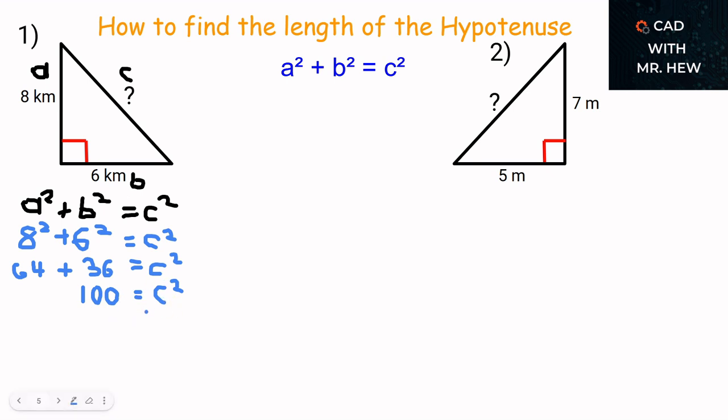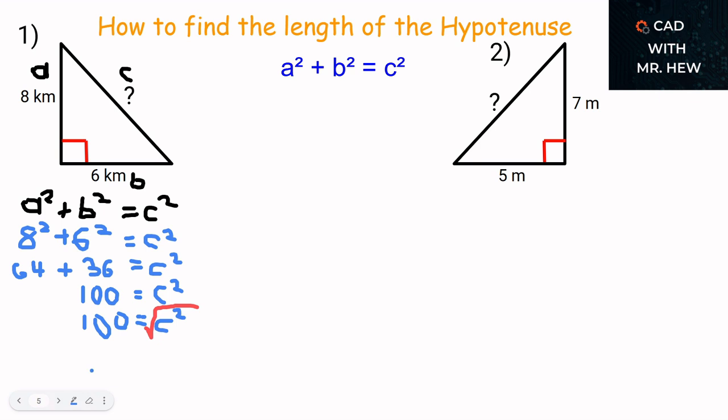We can write 100, this is just an extra step I'm putting in, you could have done it in the same line, is equal to c squared. So to get rid of this square, I have to do the square root. So I'm going to go square root, right? And that is how you would isolate c.